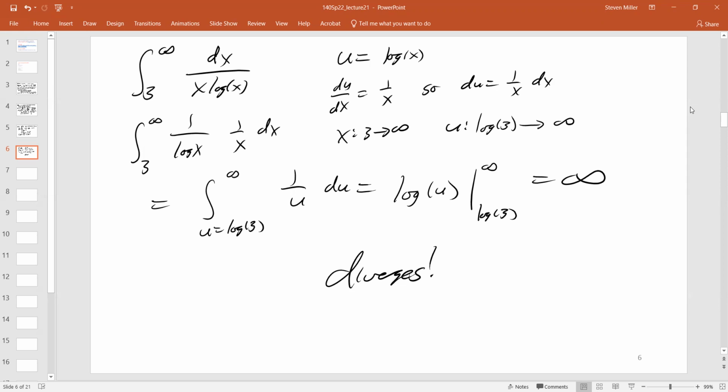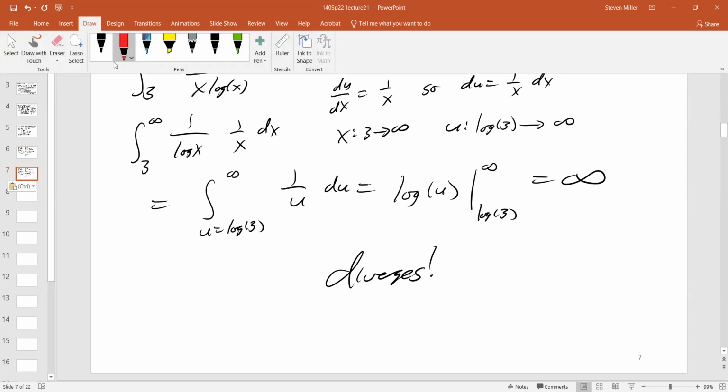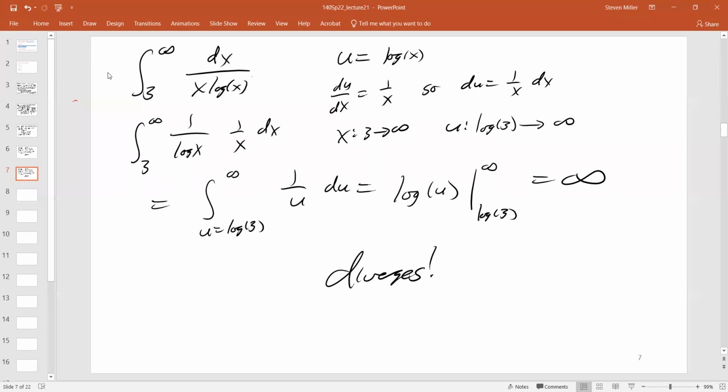Now, I'm going to copy the slide and essentially do a search and replace. Let's look at x log x squared. Let's just put a square there. If I put a square there, u is still log x, du is still 1 over x dx, and the range of u is the same.